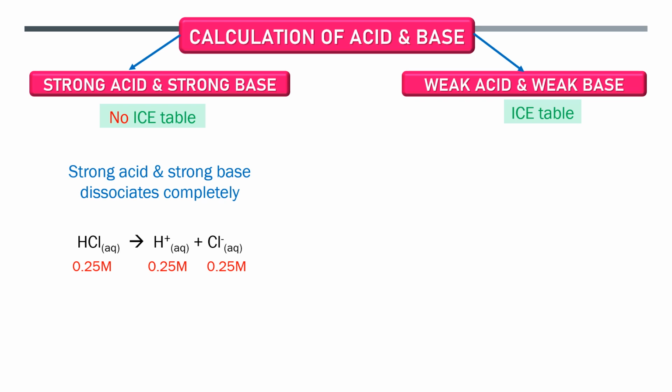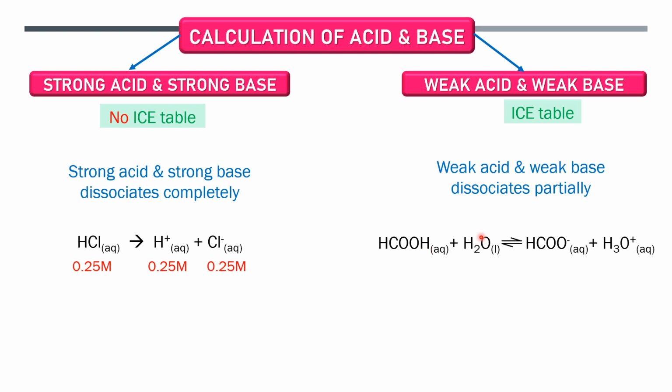But calculation for weak acid and weak base, we need to write the ice table. This is because weak acid and weak base dissociate partially. For example, kita ada HCOOH. Apabila dia react with water, it will form HCOO minus and H3O plus. If we have 0.25 molar HCOOH, kita tak tahu berapa HCOO minus yang terhasil dan berapa H3O plus yang terhasil.